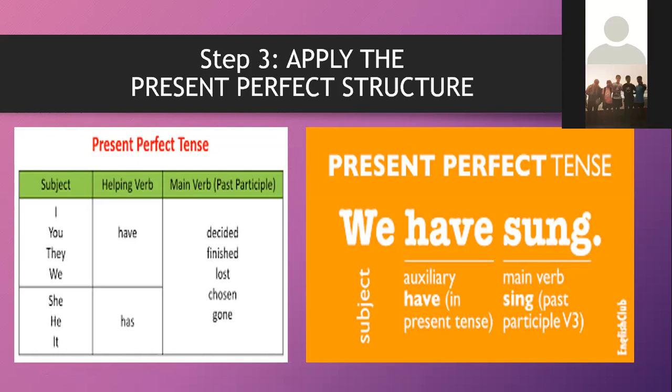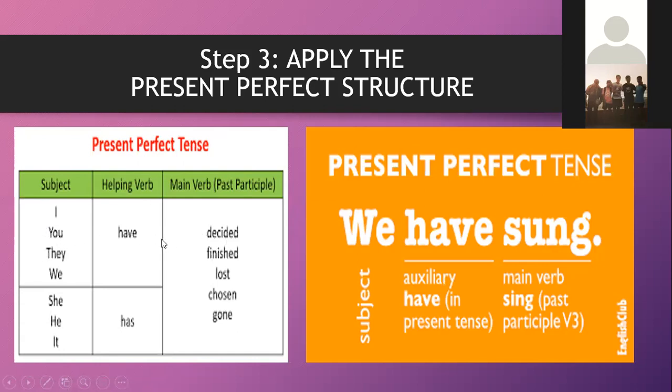So the first is the person or subject, yes? Sujeto, subject. I put a person, I put the verb have, which is a helping verb. It's a helping verb because it helps me to form the structure. And then I put the past participle. So, yo he decidido, I have decided.